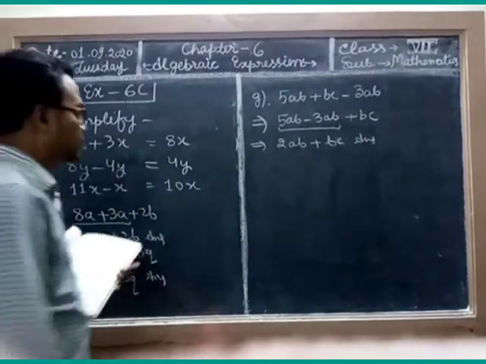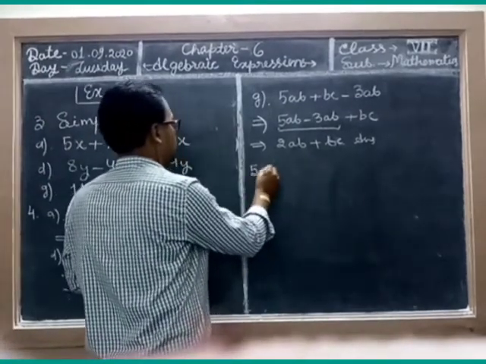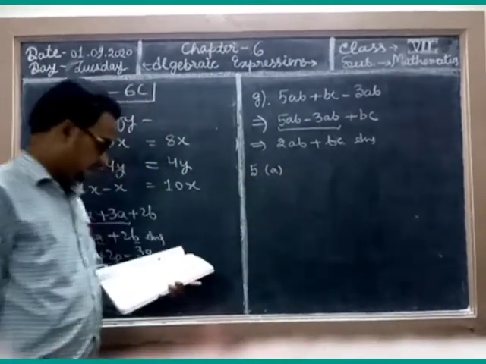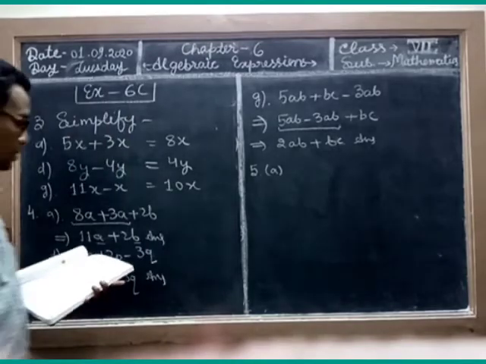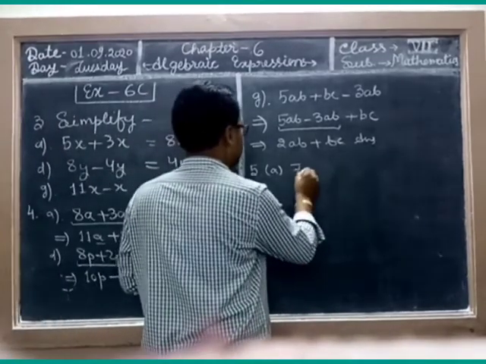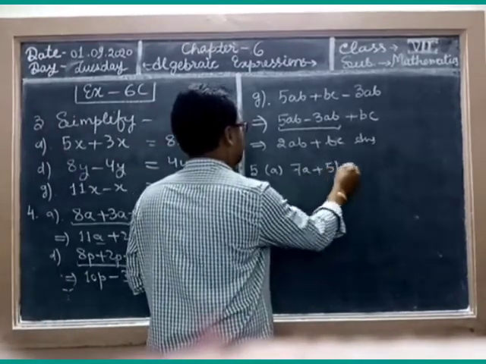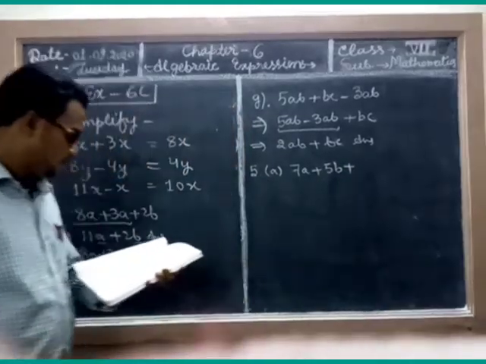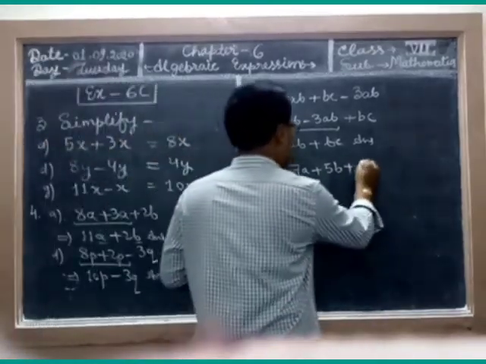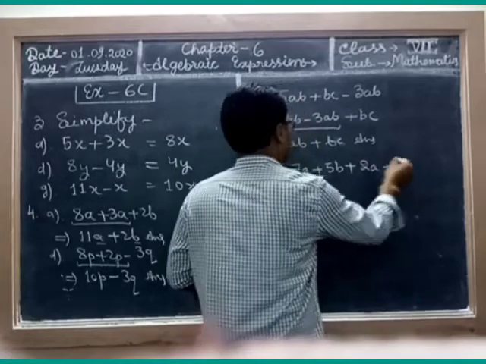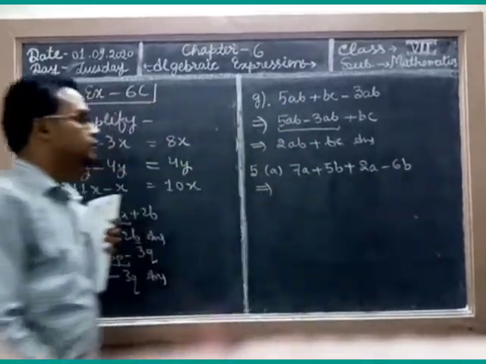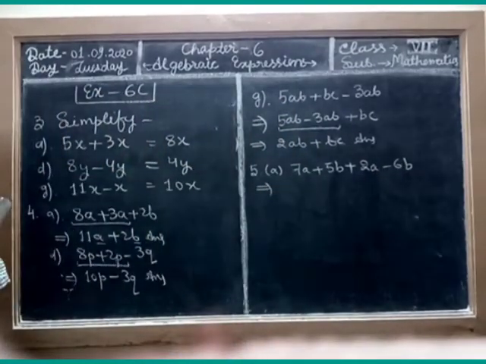Question 5th. Simplify the following. 7a plus 5b plus 2a minus 6b. So student, initially rearrange the like terms.